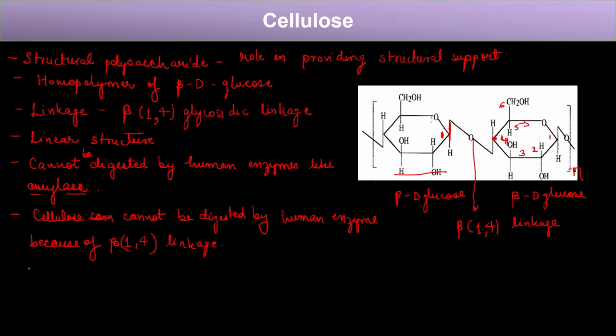Now the question is, how can it be digested? It is digested by another enzyme that is not present in humans: cellulose is digested by cellulases. Where is cellulose present? It is a major component of the plant cell wall, as we saw when studying the cell wall.